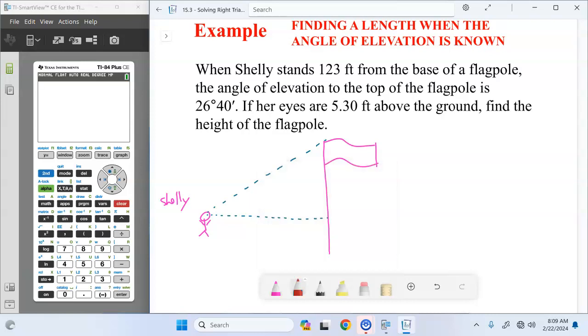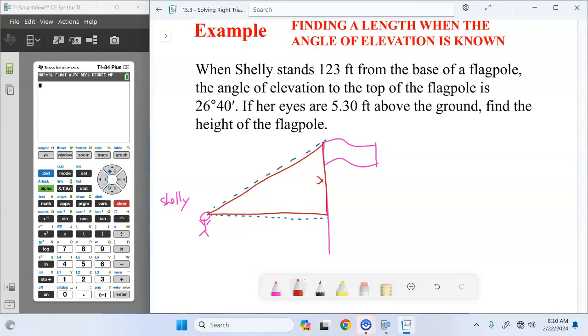Well, if we have a triangle right here, from here to here to here, we're going to be solving for this side length here, that vertical side of the triangle. However, that isn't the entire height of the flagpole. What part are we missing? The bottom part.